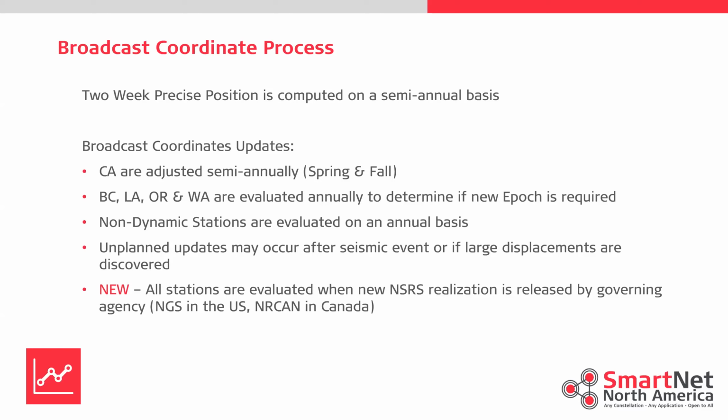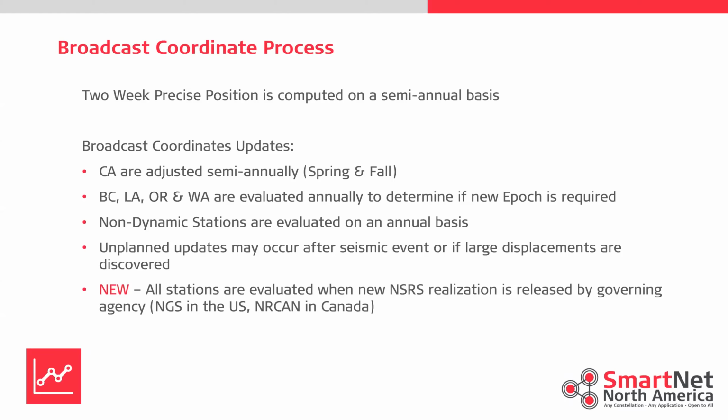If we didn't do it for 10 years, you'd get like a 30 to 50 centimeter jump because Epoch 2010 would be so far out of date, it wouldn't even be funny. So we update this twice a year in California so that we maintain some consistency over that plate boundary area. In BC, Canada, Louisiana, Oregon, Washington, we evaluate these annually to determine if an epoch update is required.